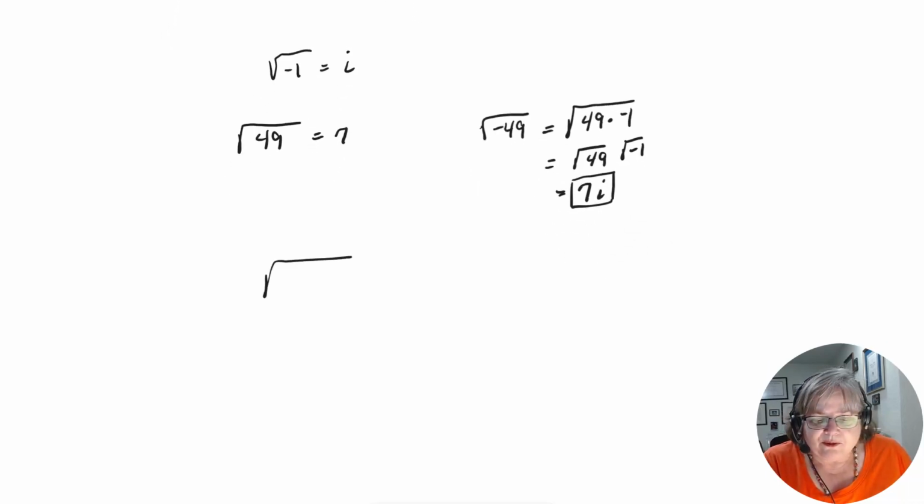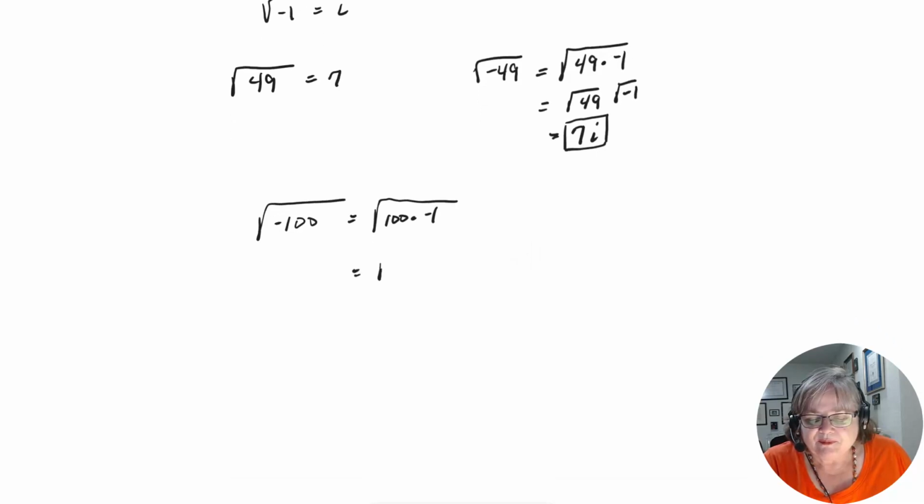So the square root of -100 can be treated as the square root of 100 times a -1, which is the square root of 100, which is 10. And the square root of -1 is defined as i. Now, after people do a few of these, they sort of start shortcutting it, and it goes like this.